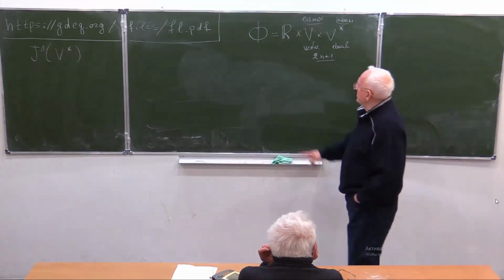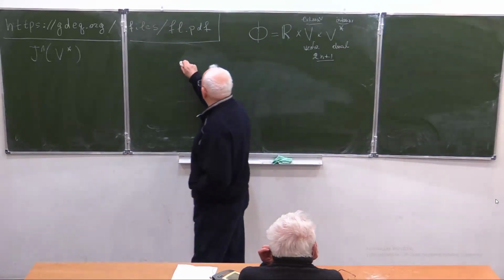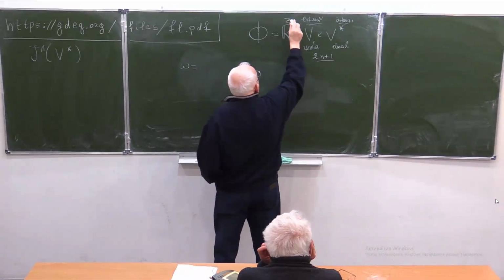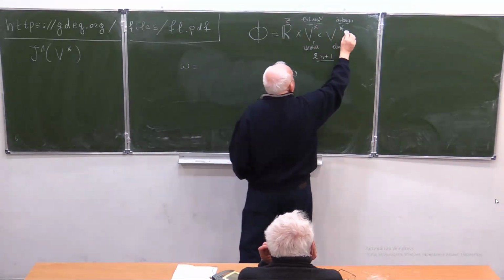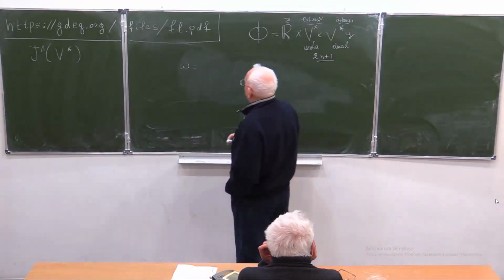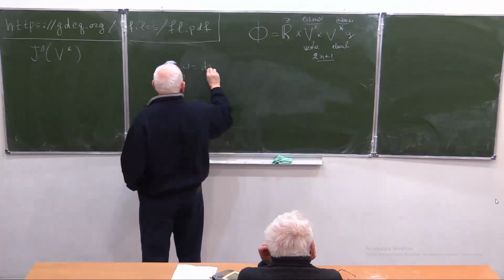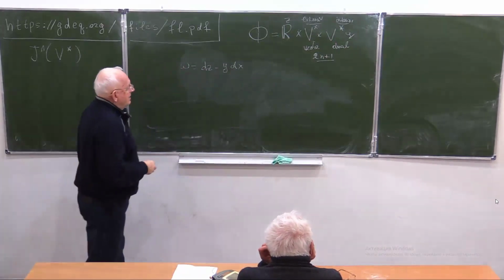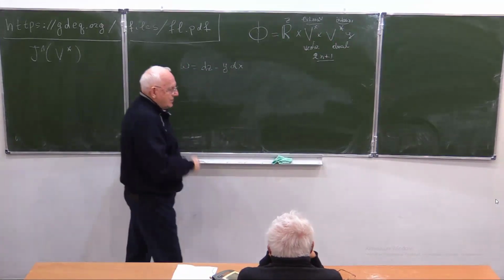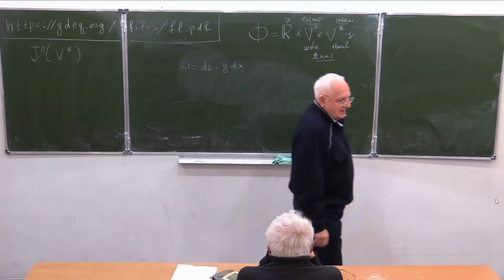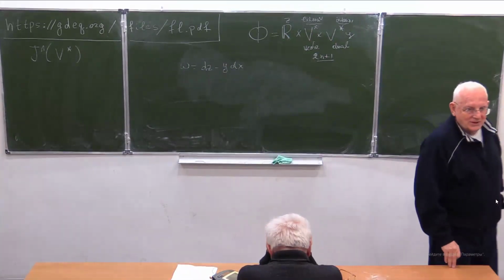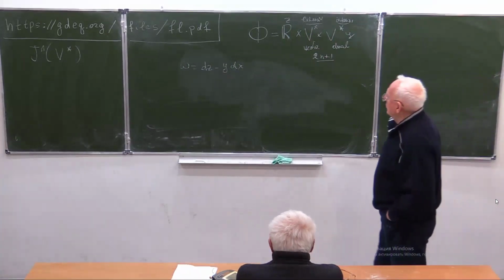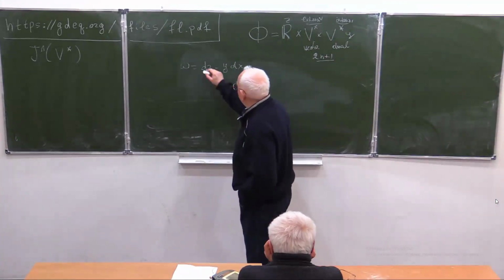This space is equipped with a differential form. Let me use coordinates z here, coordinates x here, and coordinates y there. So this is the classical form on 1-jets. But in thermodynamics, this form appears in a different way.